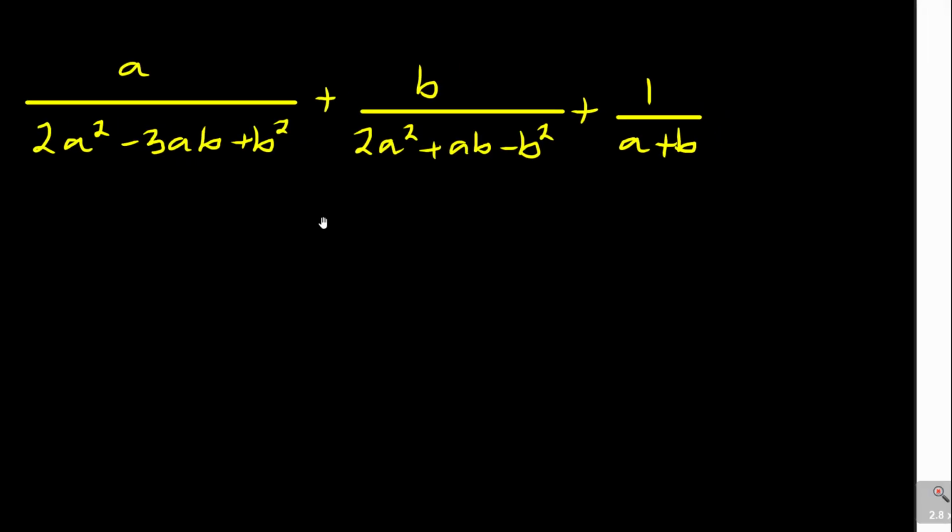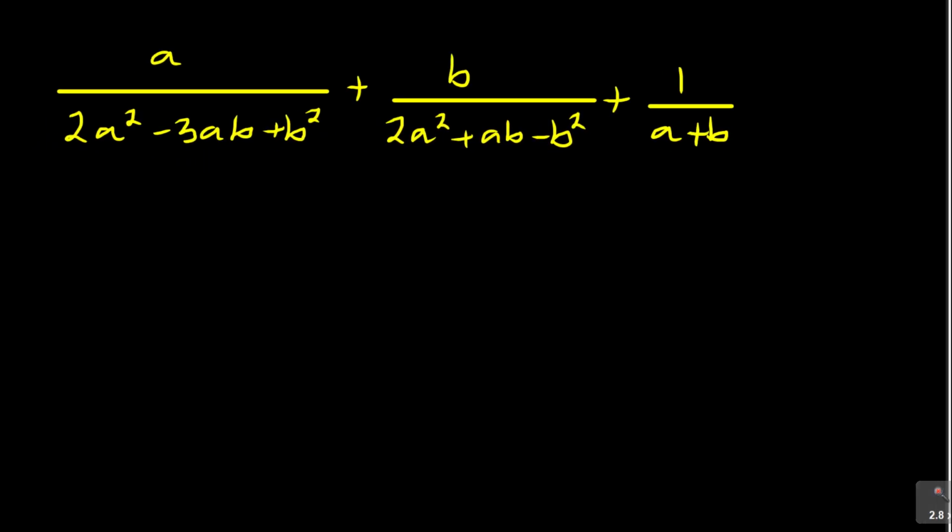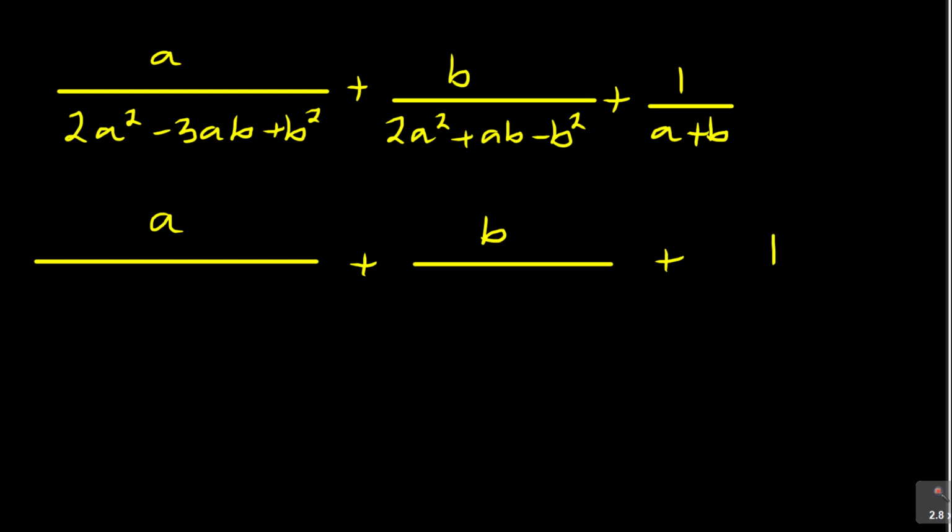But now you remember I've been factorizing this already, to say this is the same as saying on the first one it's a over, and then on the second one it's plus b over, I have factorized that again, and then plus 1 over, and then the other one is remaining as a plus b.